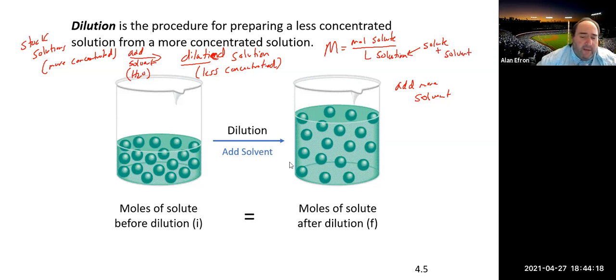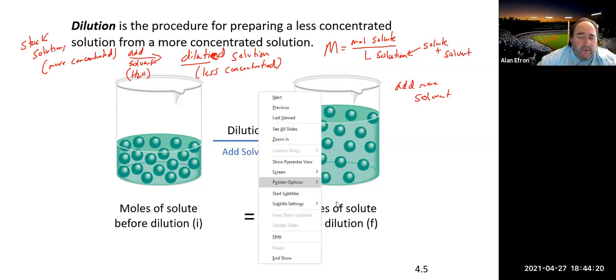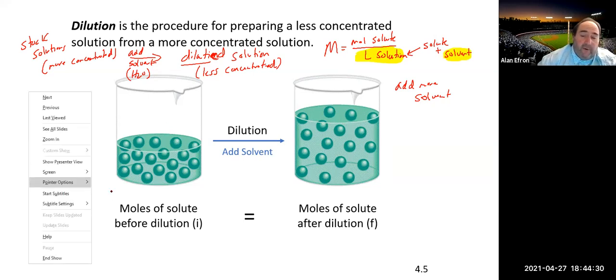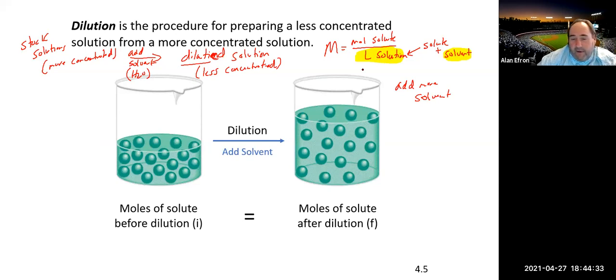So when we add more solvent like water, we're increasing the bottom part of our molarity calculation, which means the bottom part gets larger, and the molarity gets smaller. By adding more solvent, we're increasing the volume of solution and bringing our molarity down.